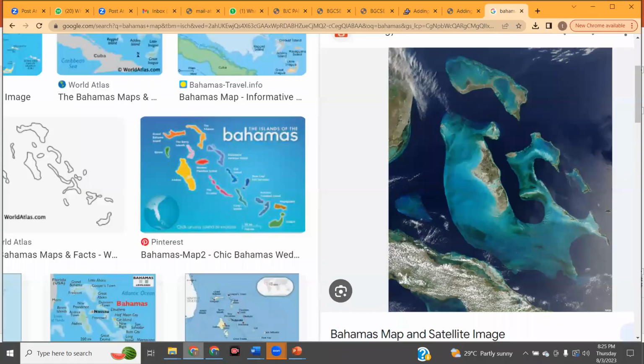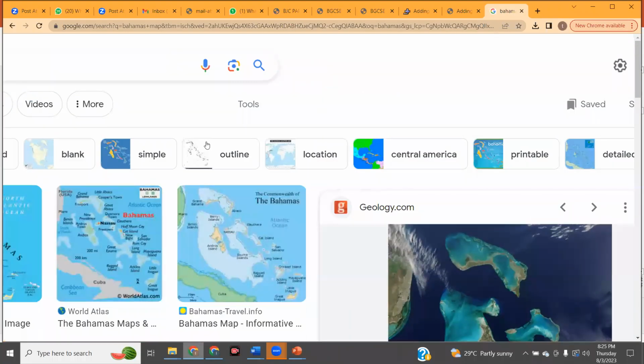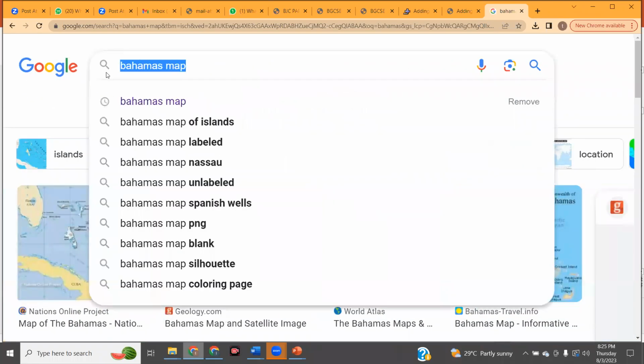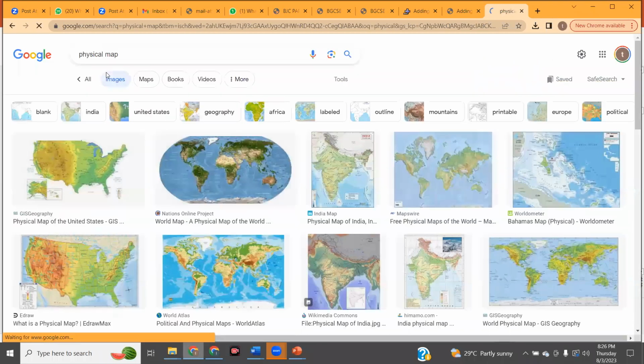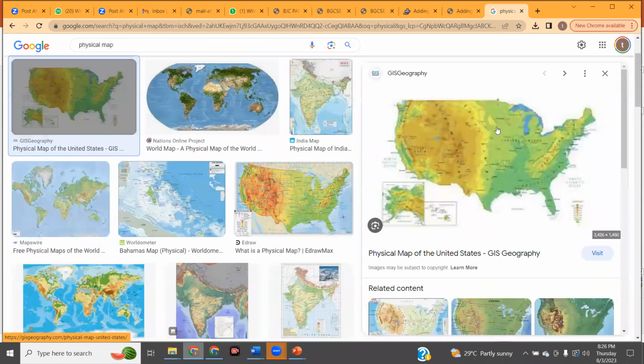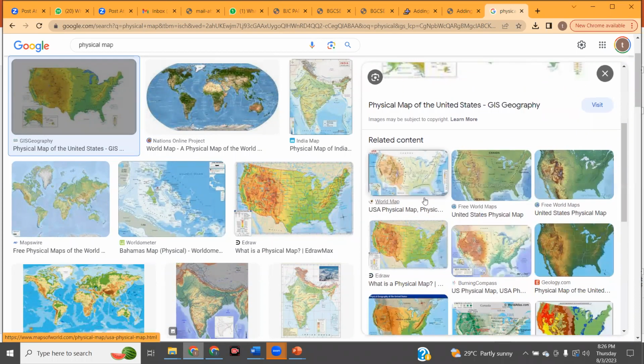If you go online and type in physical map, you will see a bunch of mountains, showing the natural features of the environment or of the country. So a physical map shows the lakes, the mountains, all those natural features.